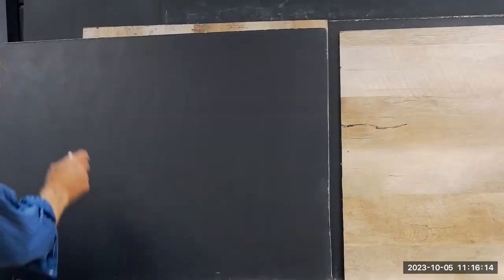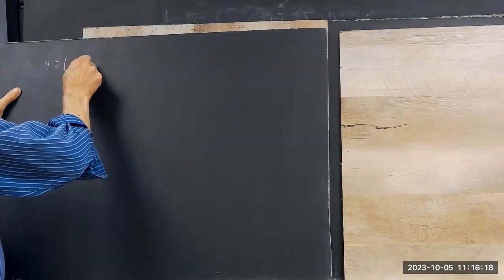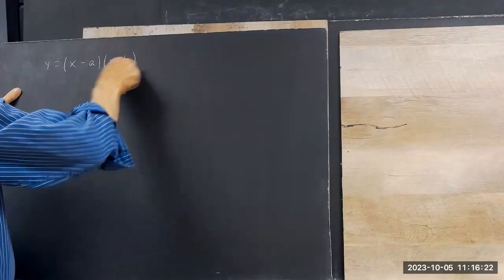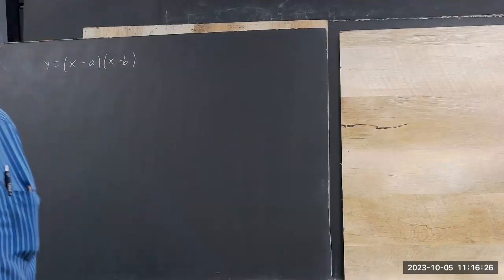The open math, I believe, calls this form the intercept form. Y equals x minus a times x minus b.